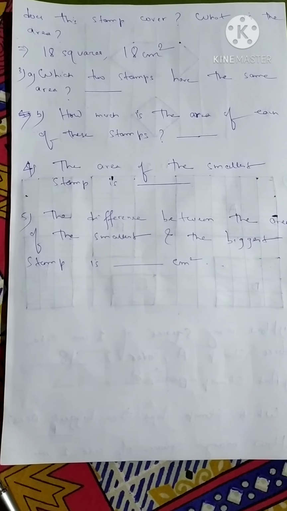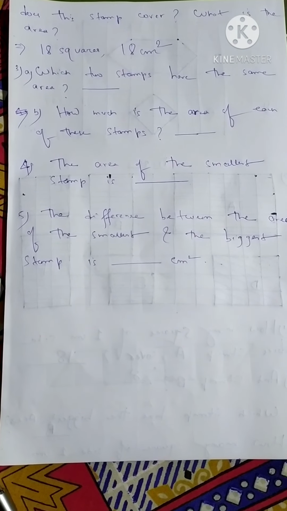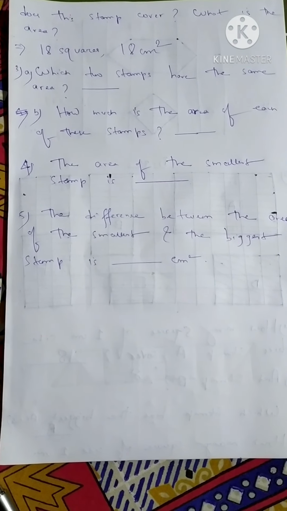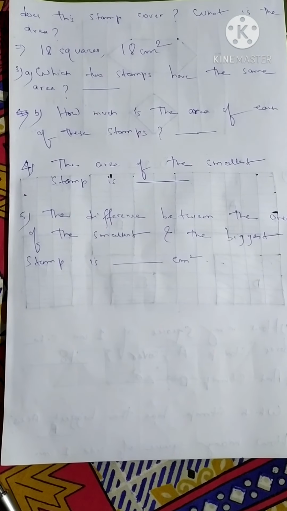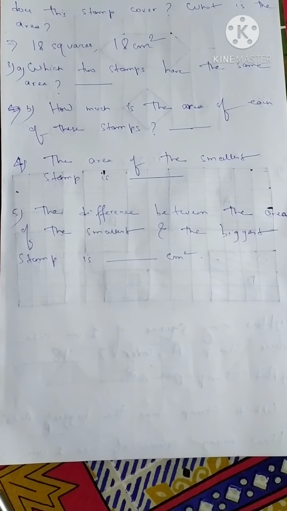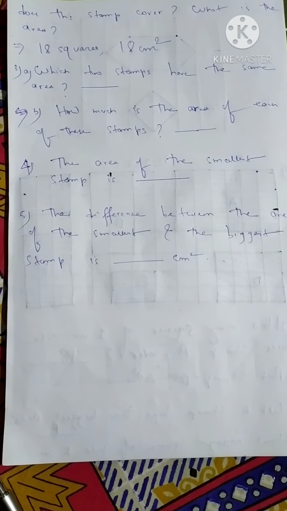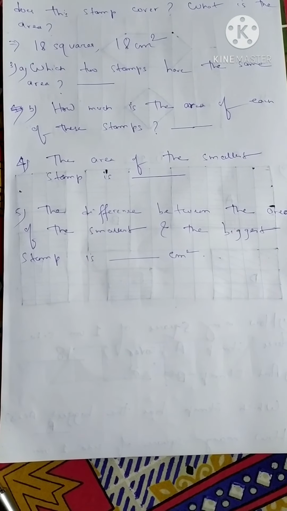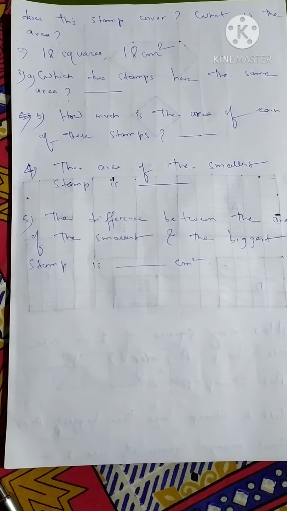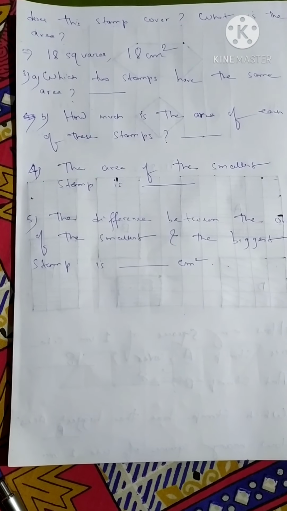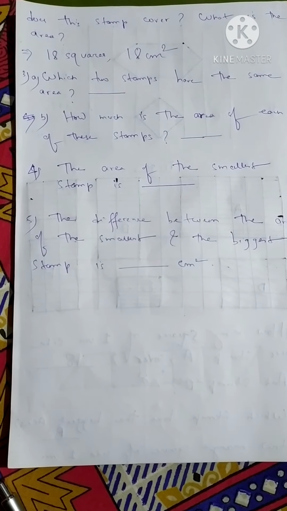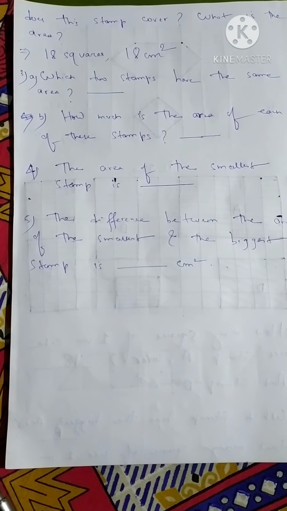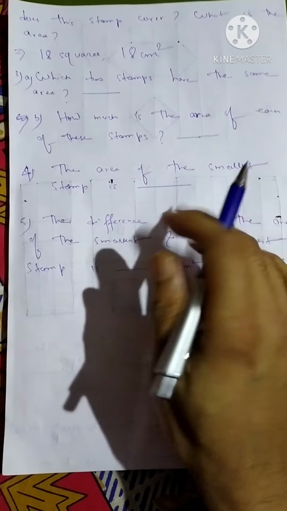If you calculate which two stamps have the same area, you will see stamp D and stamp F have the same area. Why? Because if you count, you will see both stamp D and stamp F are covering 12 squares. So their area is 12 centimeters square. Which two stamps have the same area?